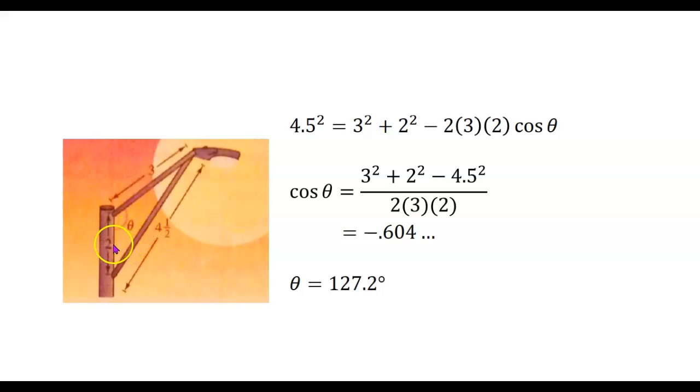So we have a triangle where we know 3 sides of the triangle, and we want to find an angle. And we've done things like that before. That was one of our Law of Cosines examples.